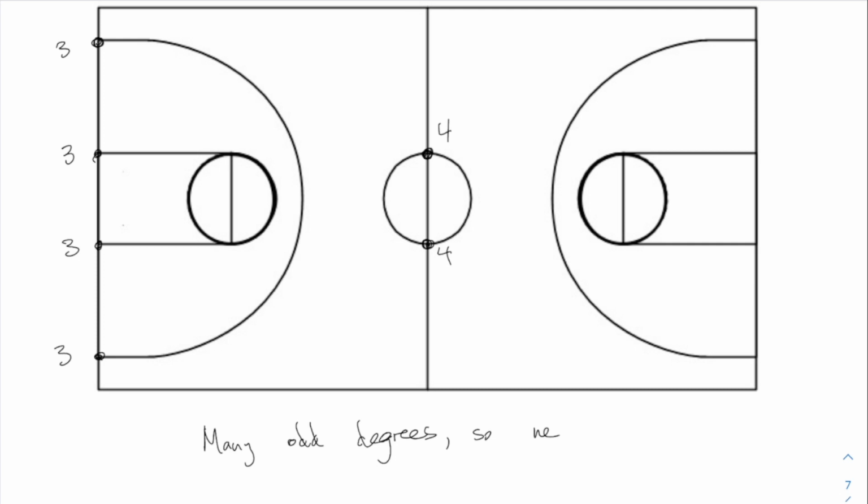So many odd degrees here, so no Euler path or circuit. And what that means, practically speaking, is if you're painting the lines here, you have to retrace. You have to go back across somewhere you already did the lines. You can't just draw the entire line in one big continuous stripe and look awesome to the cheering crowd.